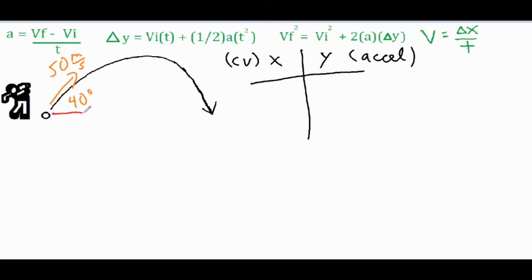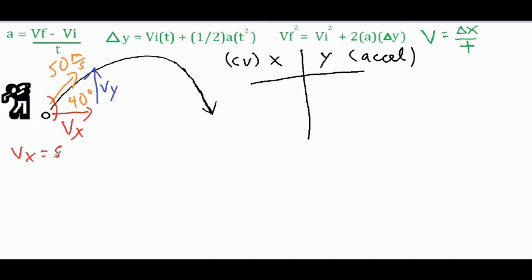Now, if we go ahead and find Vx, which is the x component, and Vy, which is the y component, we can use some trig functions. For Vx, because it is the adjacent side of this 40-degree angle, we want to use the adjacent side in combination with the hypotenuse.